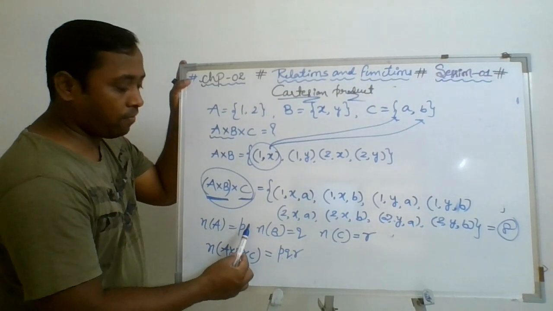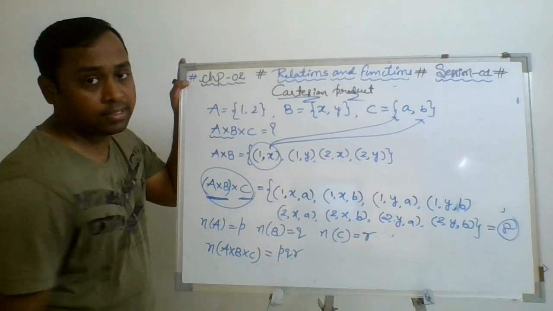It's simply the product of the number of elements of the individual sets.